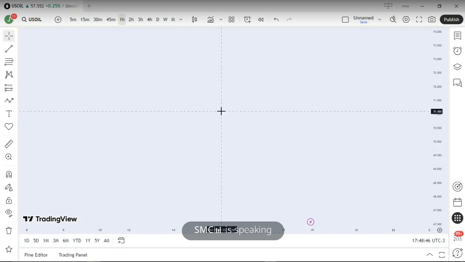A point of interest simply means an area in the market, an area of high value, where you know that price will definitely come back to pick up orders. We have two types of POI: the order block and the breaker block.